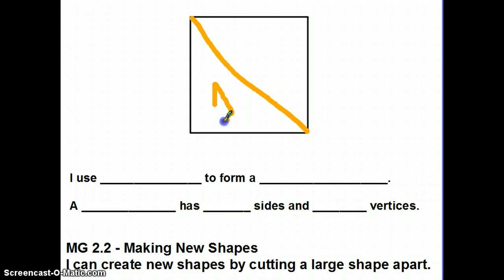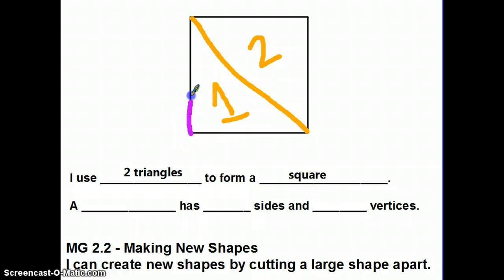So I have 2 triangles that I have here. And the next thing I'm going to do, I'm going to go ahead and say I use 2 triangles to form a square. So now I have to go back and count my vertices and sides.